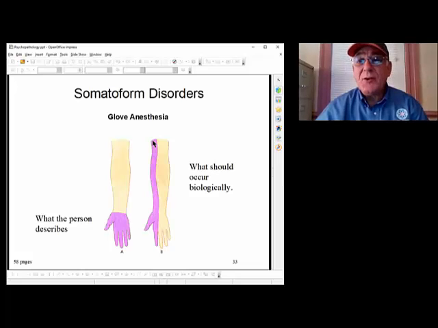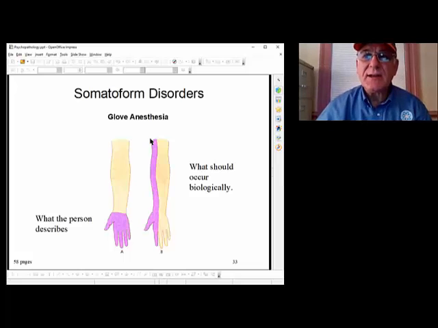That's the way the neurons work. So this should not exist. You shouldn't be able to feel here and not feel here. It should be dead all the way up, but it's not. And that's what makes it psychogenic.